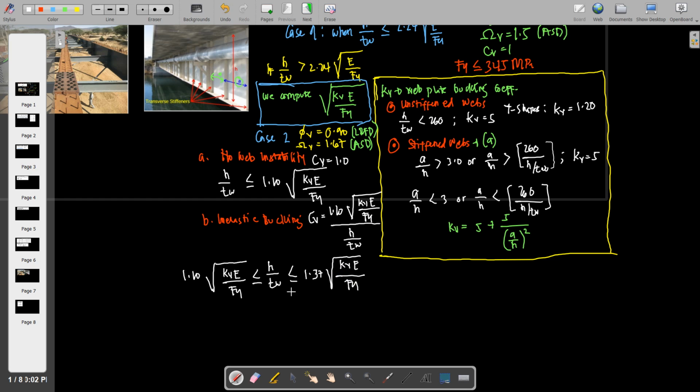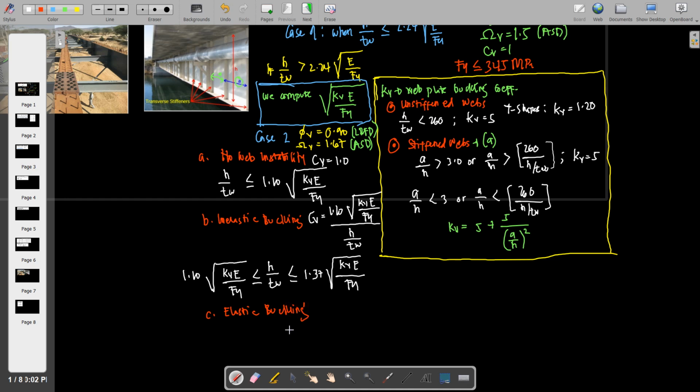So, pag ito, mas mataas pa rin dito sa upper limit, then that will be falling under letter C. Case 2, letter C, ito yung tinatawag na elastic buckling.